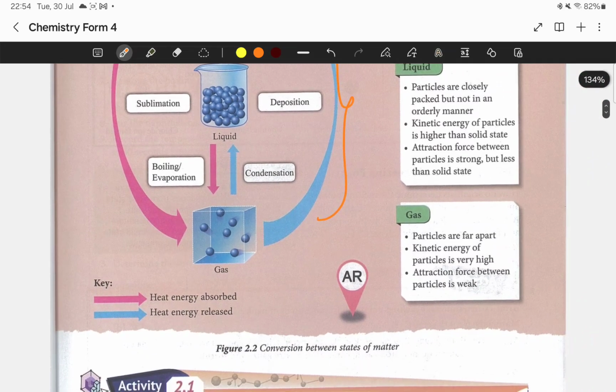So do remember that if people are talking about attraction forces, solid's is high. But if people talk about kinetic energy, of course gas's is high. Got it? So this is what I want you to understand for these basics.